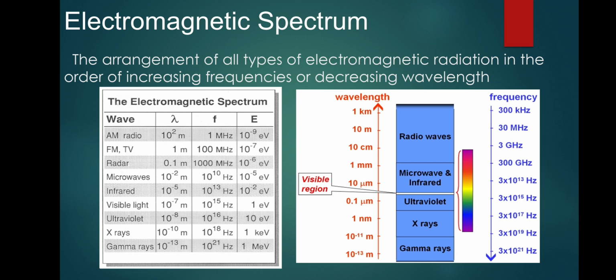That arrangement is what is known as electromagnetic spectrum. And you can see here radio waves, TV waves, radar wave, microwave, infrared, visible light, ultraviolet, X-rays, gamma. These all are electromagnetic radiation only.